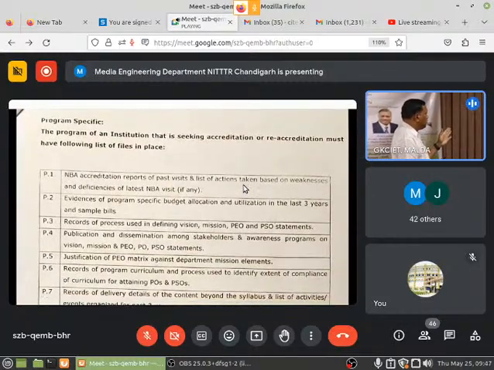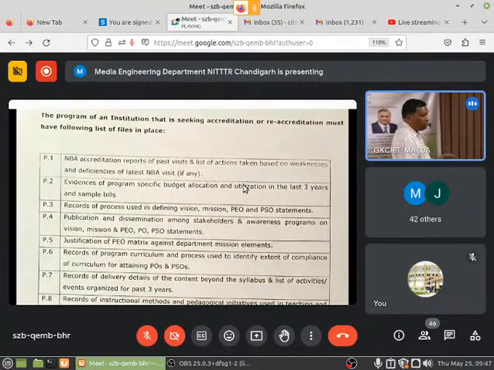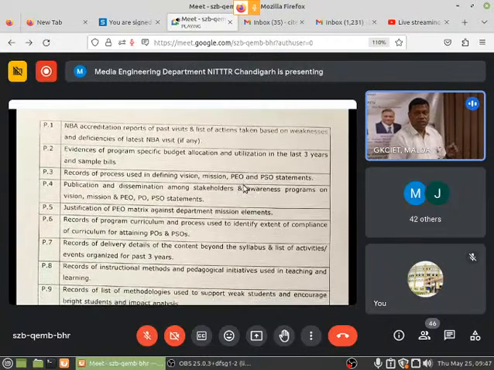Now coming to P1 to P35, these are program specific. Each department has to create its separate file.